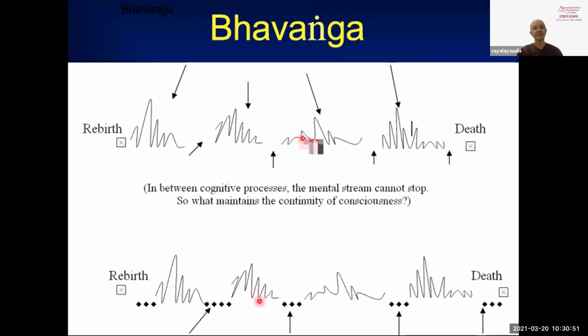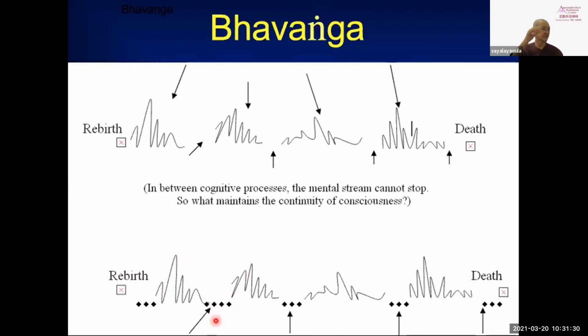Okay? So from below, see the below here. All these dots are called bhavanga. Here is the cognitive process, the dot is bhavanga. So in between two cognitive processes, bhavanga arises to preserve or maintain the continuity of consciousness of existence between birth and death.